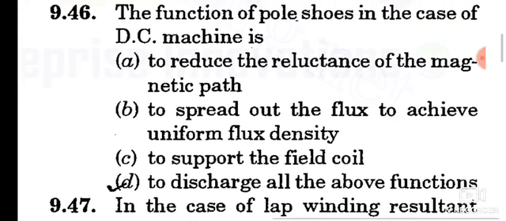Second, to spread out the flux to achieve uniform flux density. This is the most important reason for pole shoes. Then, to support the field coil.